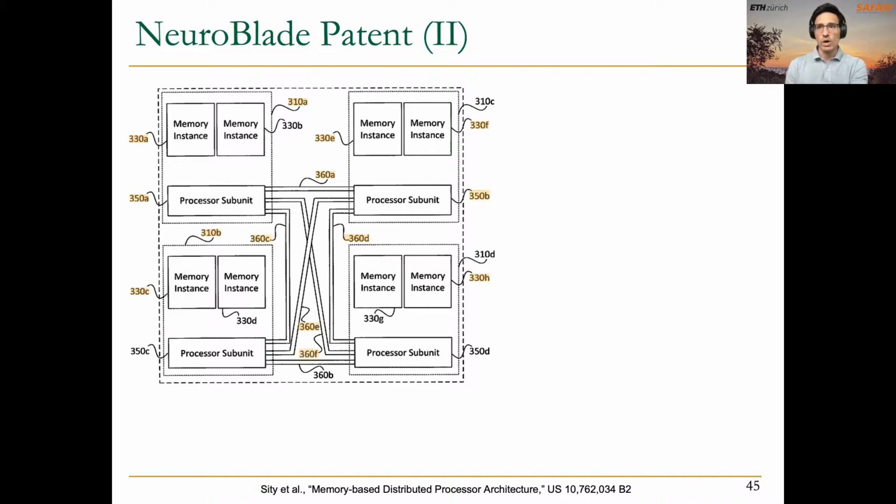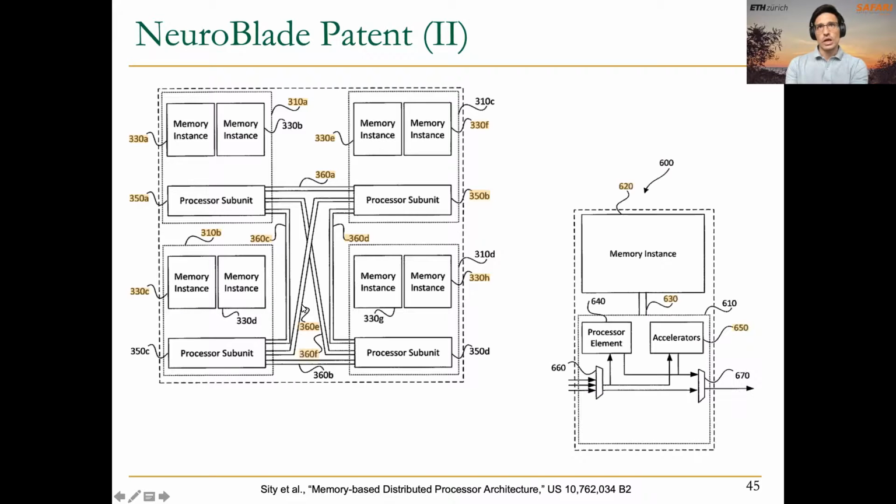This is just one example configuration where we can see the memory instances and the corresponding processing subunits. We find 4 processing subunits in this figure, and they are all connected to each other, as you see. And you can take a closer look at the processor subunits and memory instance, and in these processor subunits there might be different types of processing elements and accelerators.